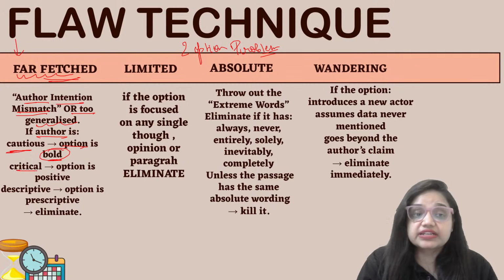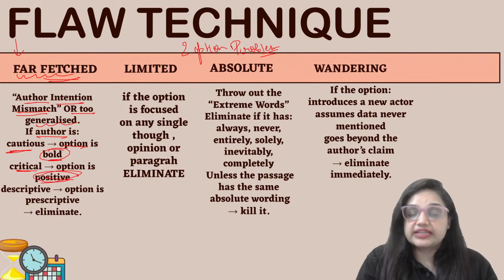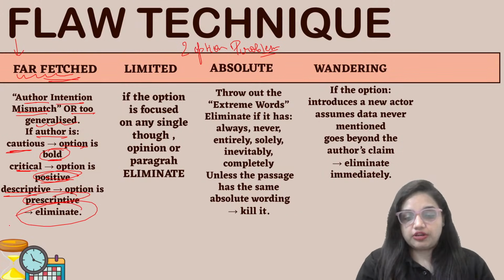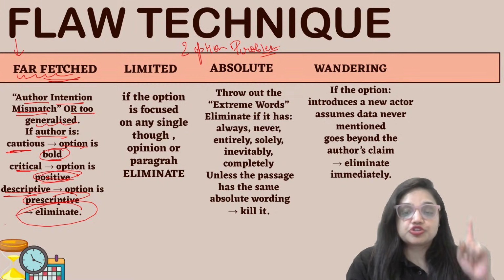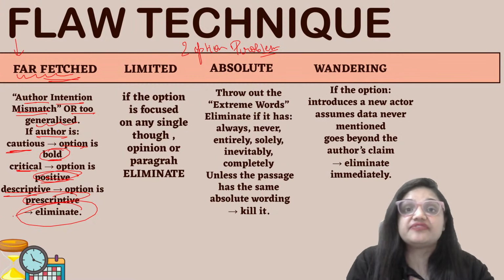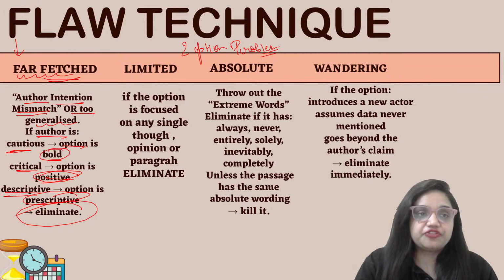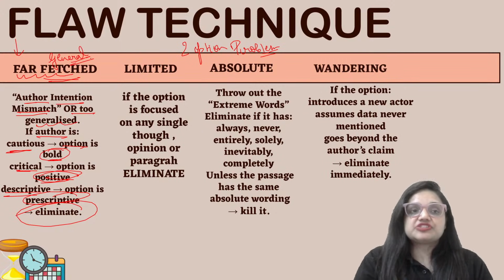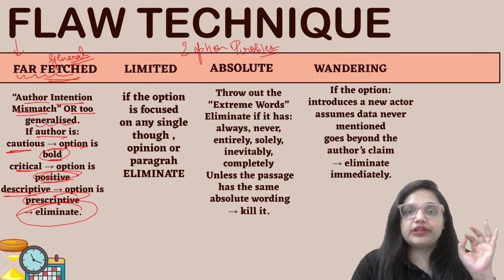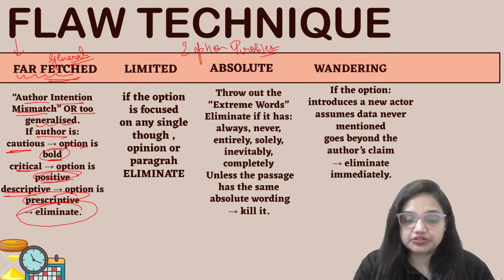If the tone was critical and the option is positive, then again this is the wrong option. If the passage was descriptive and the option is prescriptive, then you need to eliminate it. So you are going to eliminate all the options which are far-fetched and too general in nature. Understood? Okay?